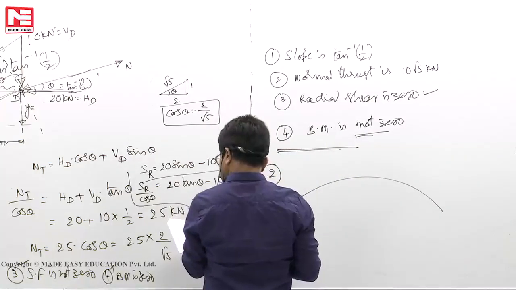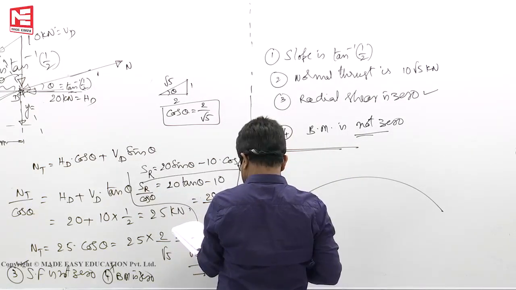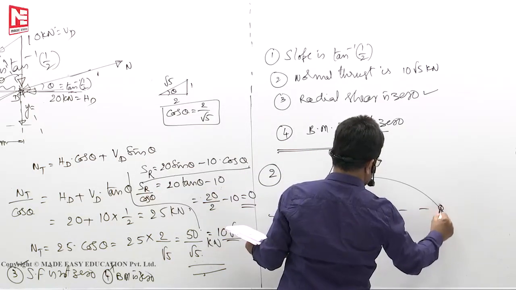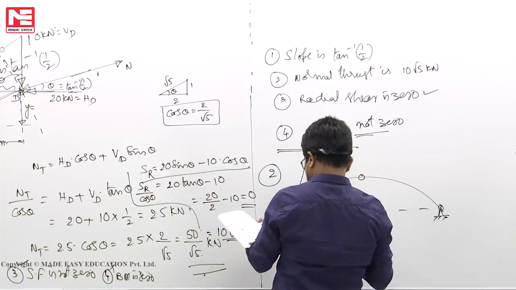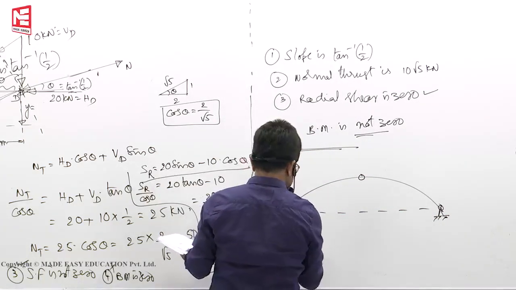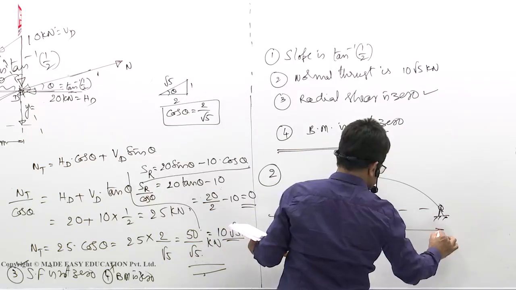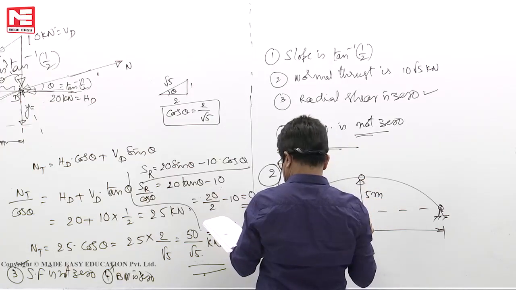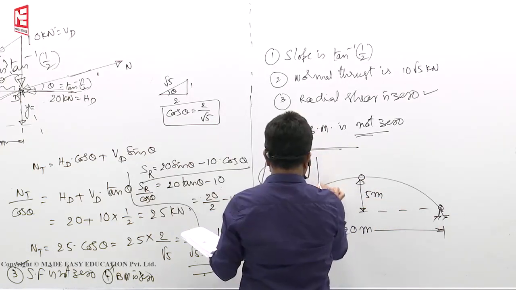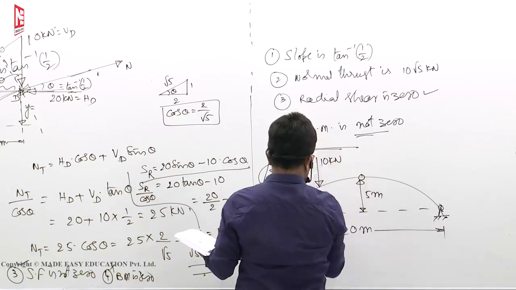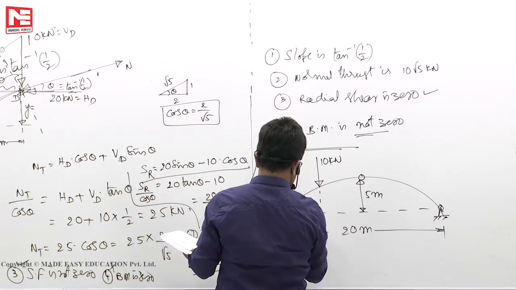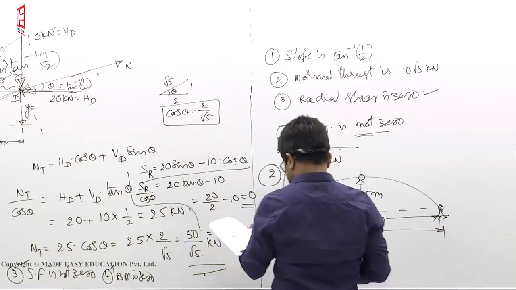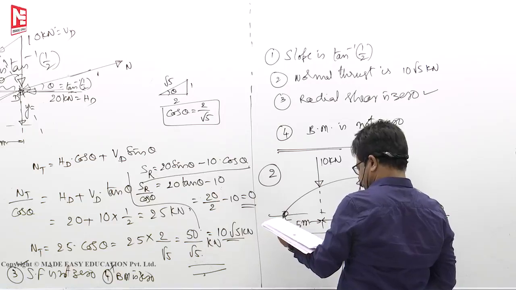Now, the second question. A three-hinged parabolic arch having a span of 20 meters and rise 5 meters carries a point load of 10 kilonewton at quarter span, that means 5 meters, this is 15 meters, from the left end as shown in the figure.